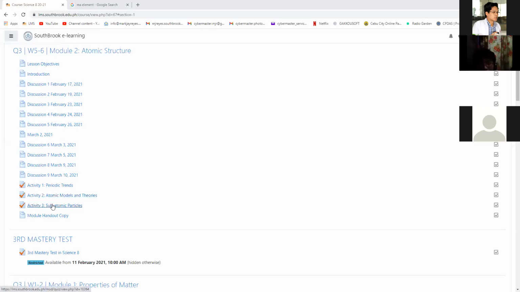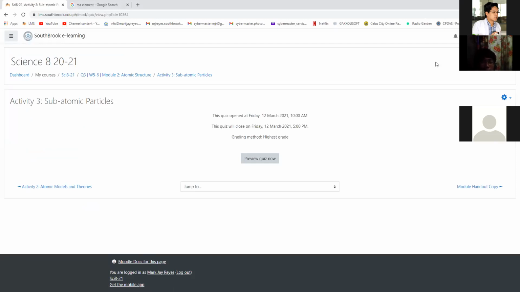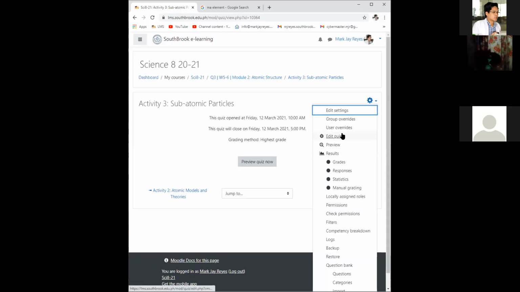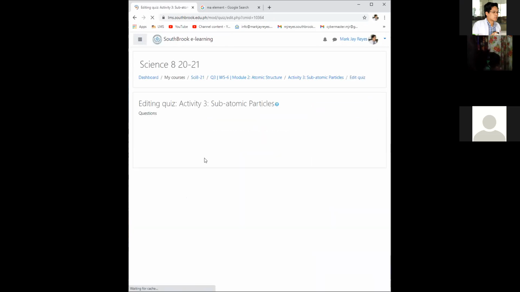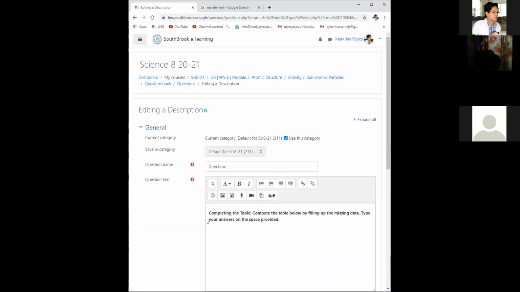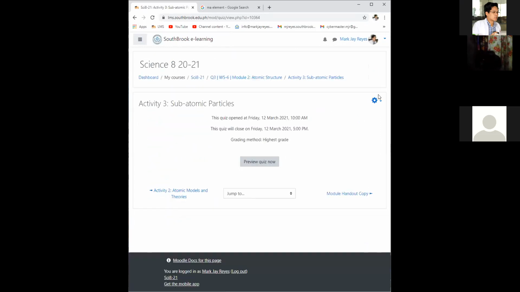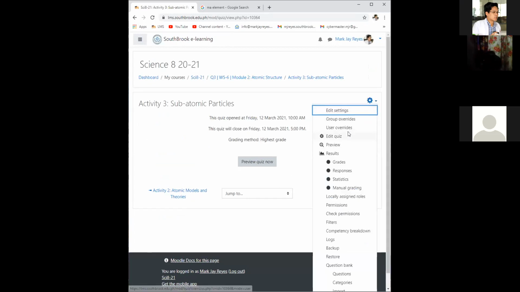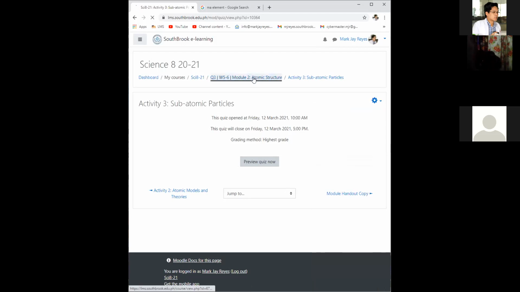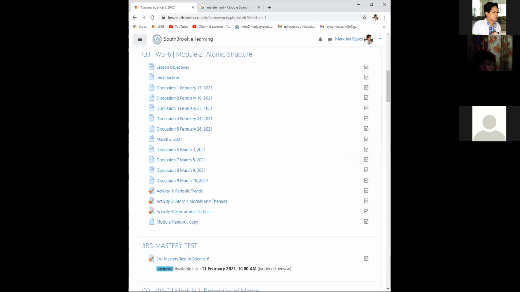Again, please do activity number 3, the subatomic particles, with the direction: complete the table below by filling up the missing data. What are those data? The protons, neutrons, electrons, and the element notations. Do I make it clear, grade 8? Yes, sir.